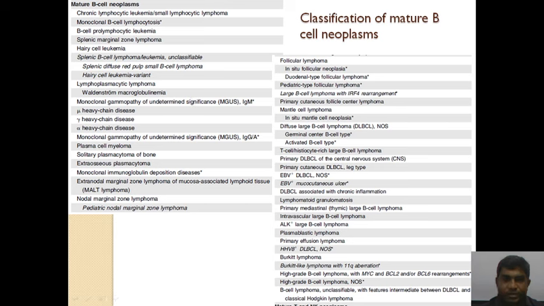Classically these are grouped together as chronic lymphoproliferative disorders or CLPDs, whereas the more aggressive ones like diffuse large B-cell lymphoma have large sized cells, and they usually have an aggressive course compared to these small cell lymphomas.